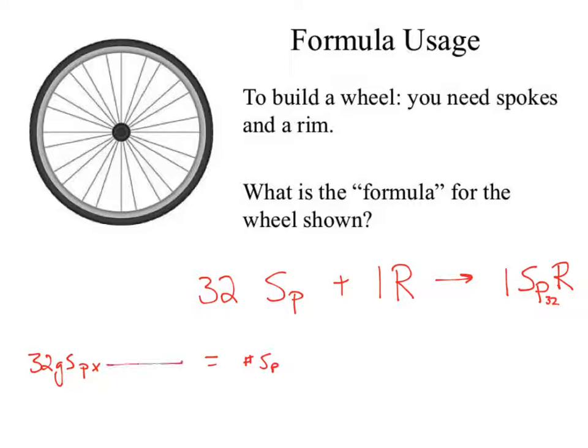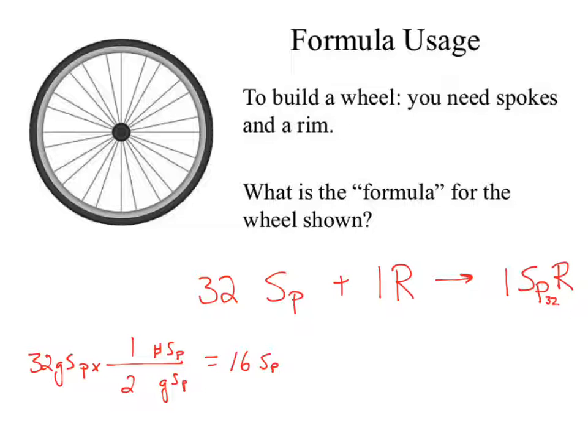The mass per number of spoke. Let's pick 2 grams per 1 spoke. How many spokes do I have? 16. Okay, that was chapter 8.